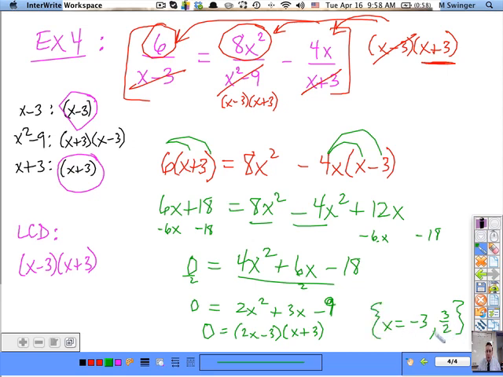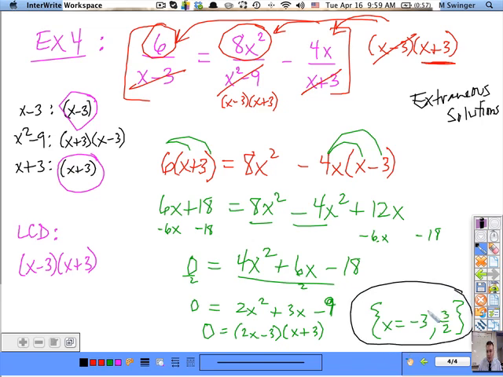But the only thing is that you have to check for extraneous solutions. Sometimes they may appear to be solutions because you did all the work right, but sometimes they just don't work. So you have to check these in the original. It's going to take a little bit of work.